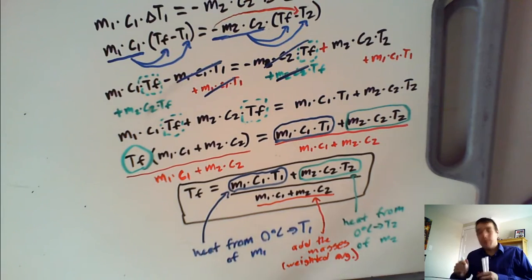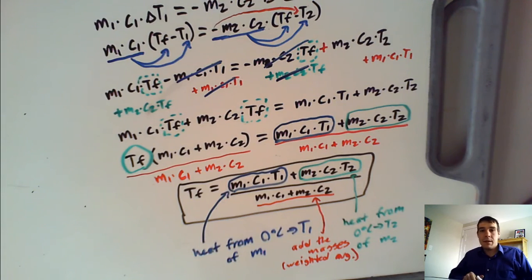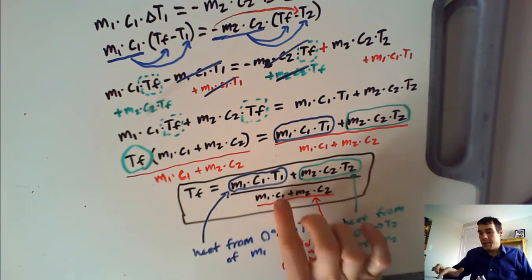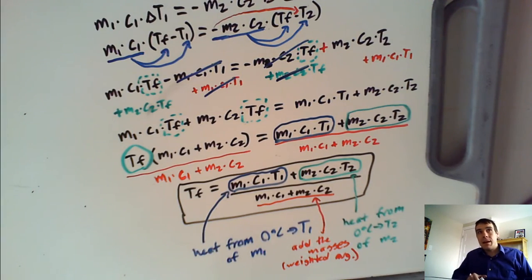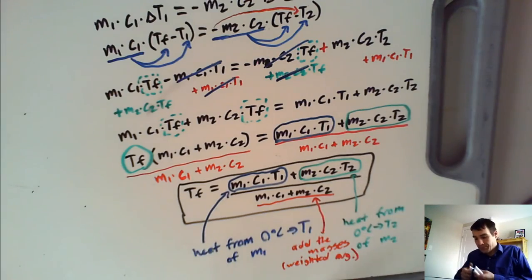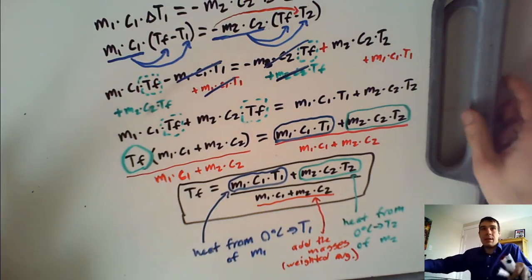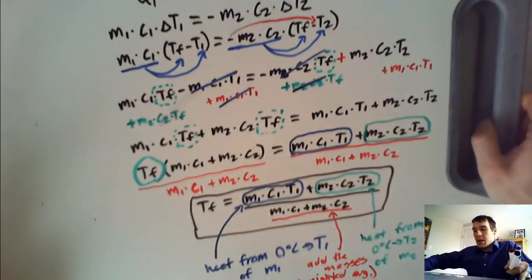Right, it's like if you got like 30% of your grade is the exam and 70% of your grade is your other classwork, and you're trying to figure out how good to get on the exam to keep your 80. It's the same kind of thing you're doing. It's the capacity times the amount and plus the capacity times the amount. If it's the same C, which it was in this problem, it's the same C both times.